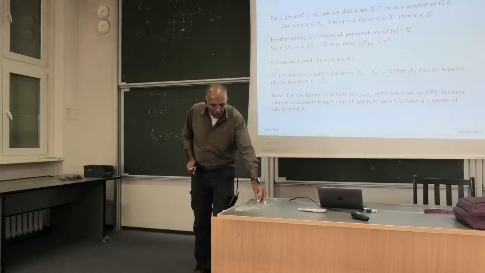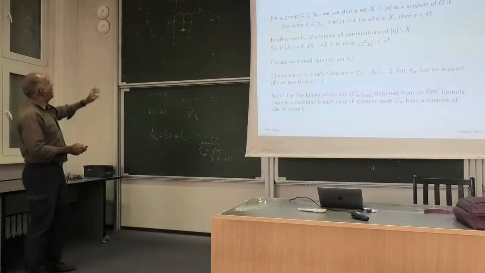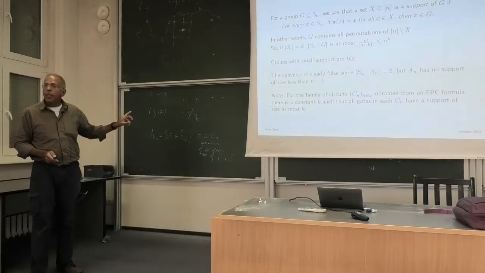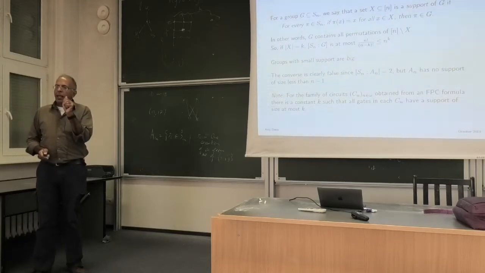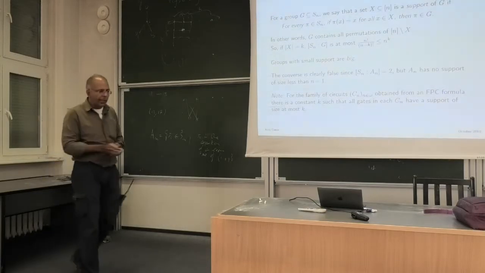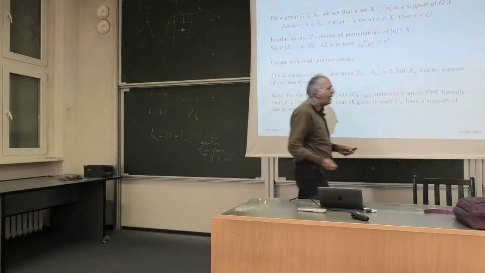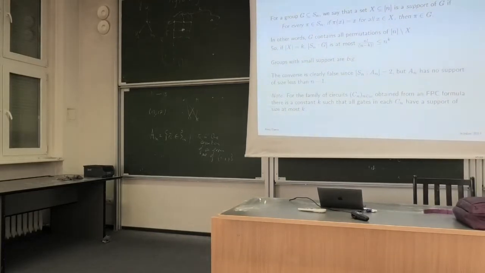But if you looked at our translation of FPC to circuits, it's clear that in there, every gate has a stabilizer with small support. Why is this? Because what were the gates in my circuit translation? They were basically subformulas psi together with some valuation for the free variables.